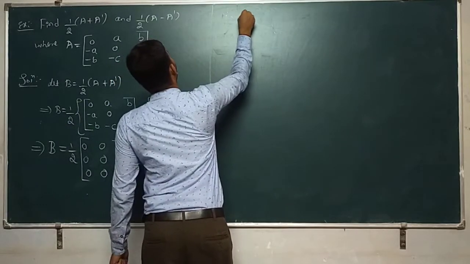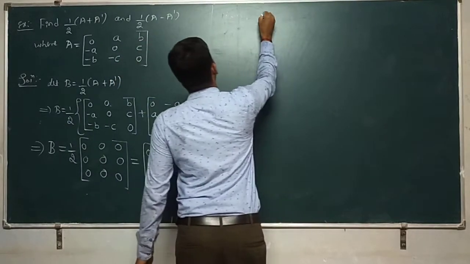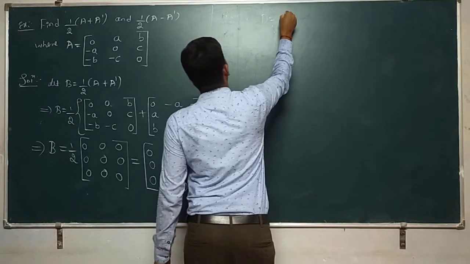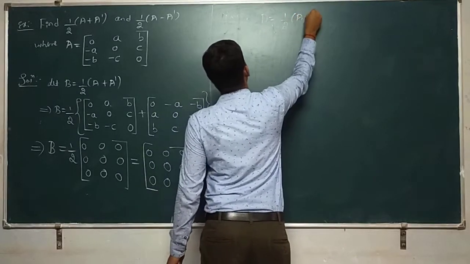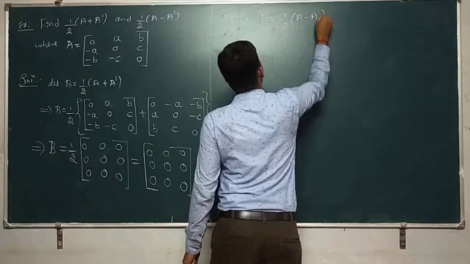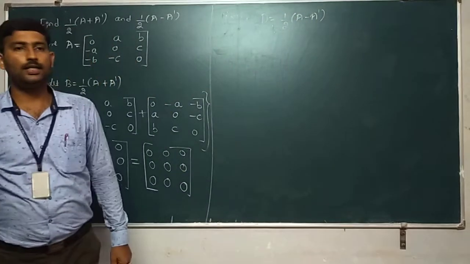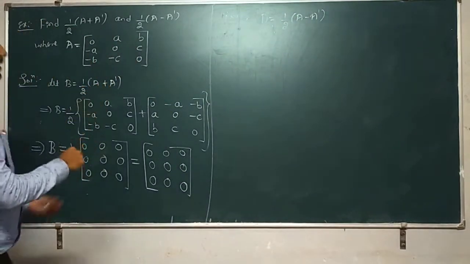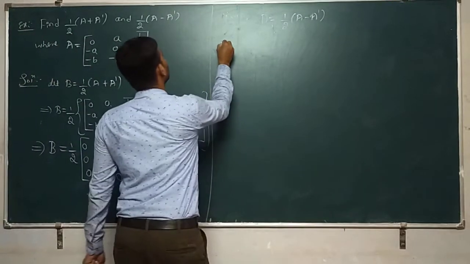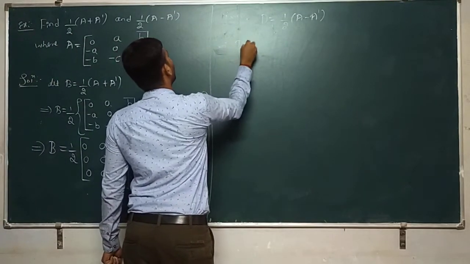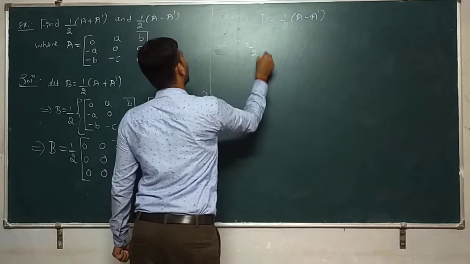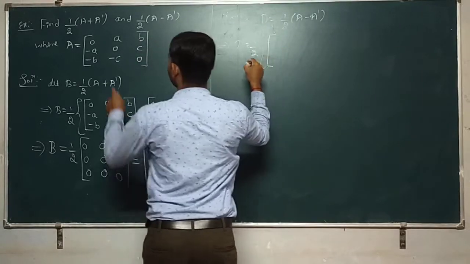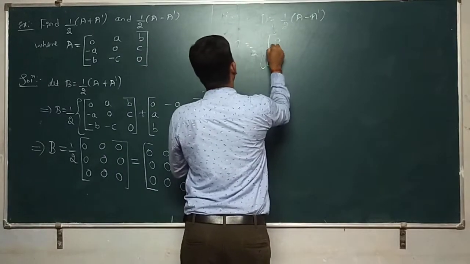Now D is equal to half into A minus A dash. Now consider D is equal to half into A minus A dash. Take the bracket because otherwise it gives confusion.